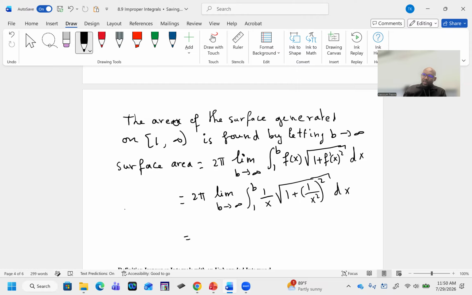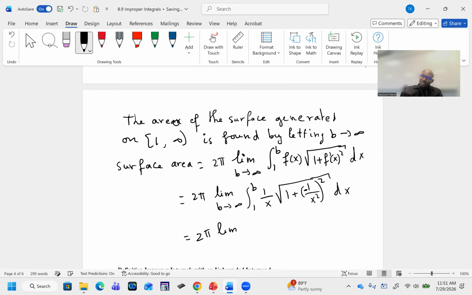This derivative is negative 1 over x squared, right? So if I square, it would give me x to the power of 4. I can factor x to the power of 4 outside.